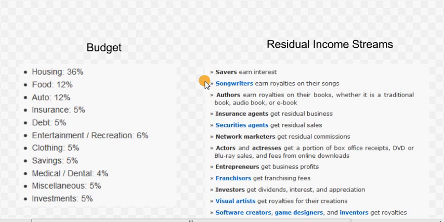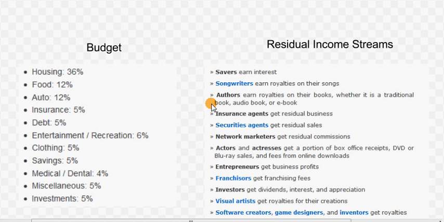Or you may use sites like iStock Music, and you upload the music to that site, and then people all over the world come to that site, buy music, and then they pay you for the use of that music.